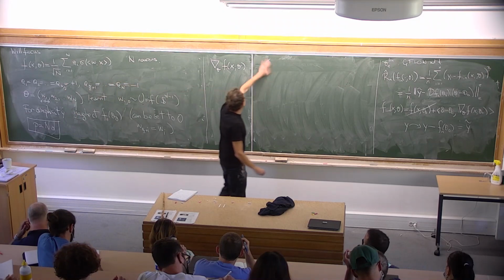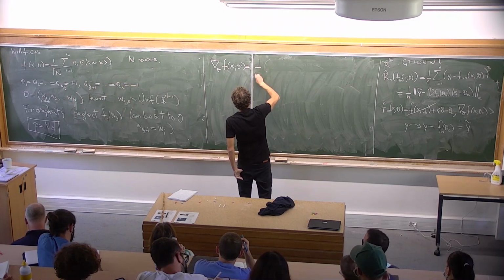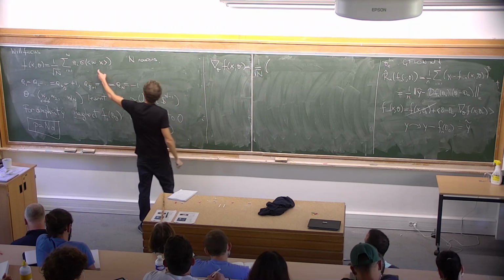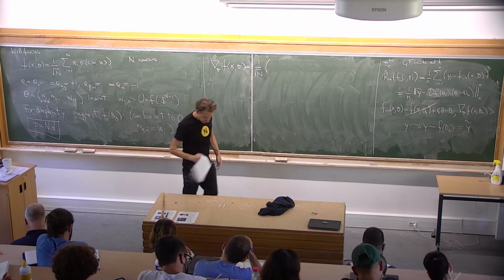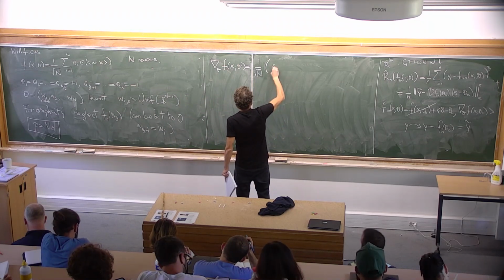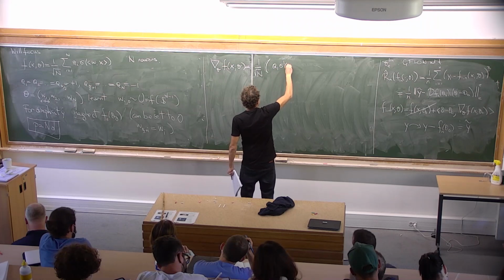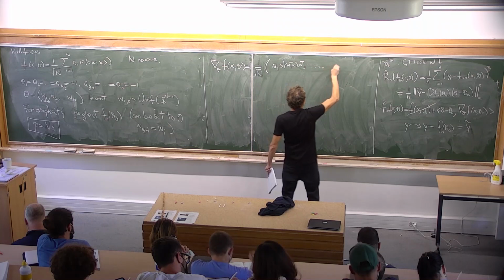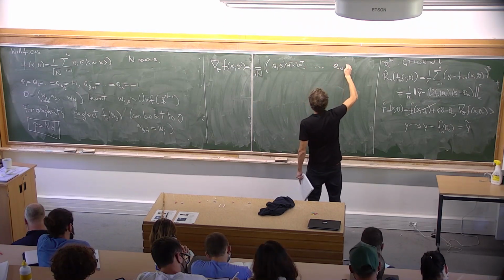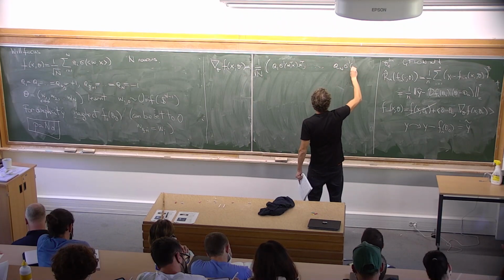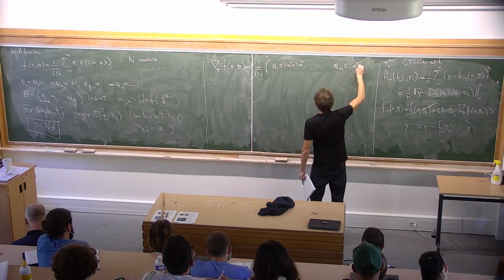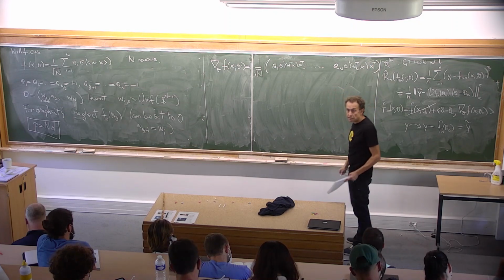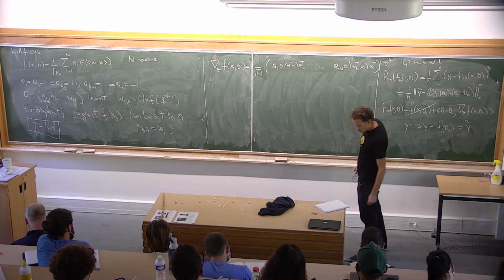There is a factor 1 over square root of n, and then when you take the gradient, you get a1 times sigma prime of w1 transpose x, x transpose, and so on, up to a_n times sigma prime of w_n transpose x times x transpose. So this is my gradient at initialization.